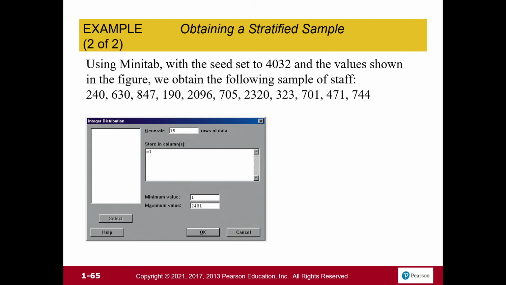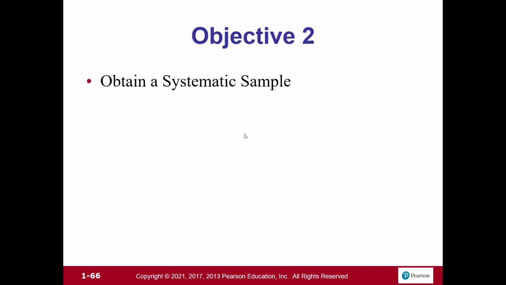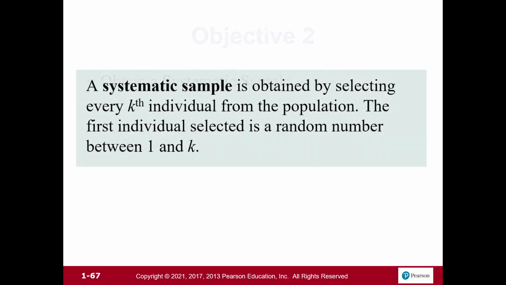Okay, so now they're showing you how to use Minitab. We'll go through this a little faster. Here's the next one, how to obtain a systematic sample. It's obtained by selecting every kth individual from the population.